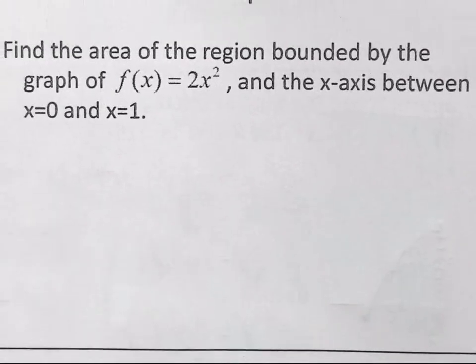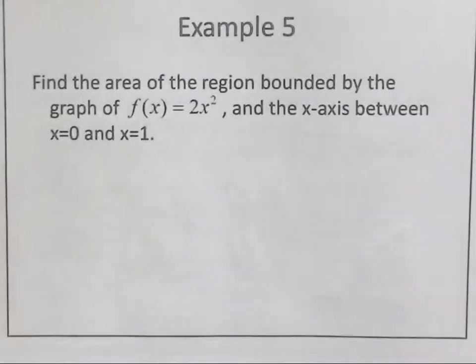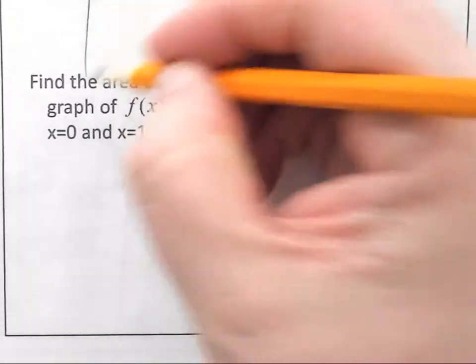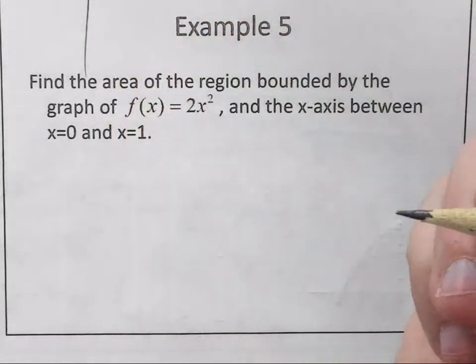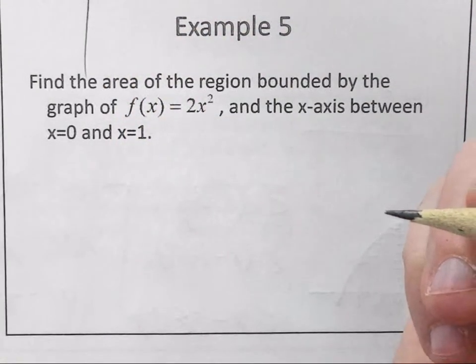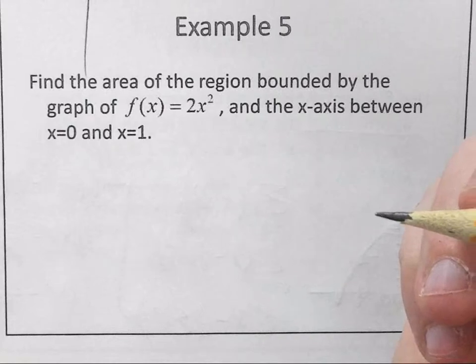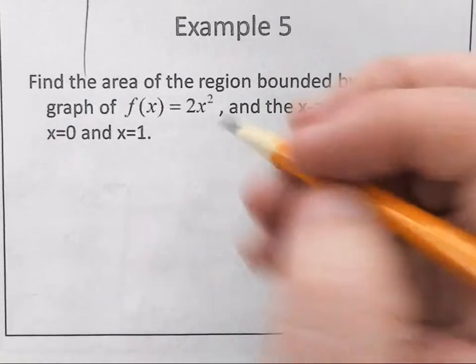if I have this problem, I want to find the area of the region bounded by the graph of 2x squared and the x-axis between 0 and 1. So what's 2x squared look like? Parabola opening up.